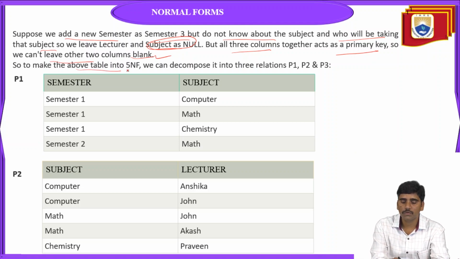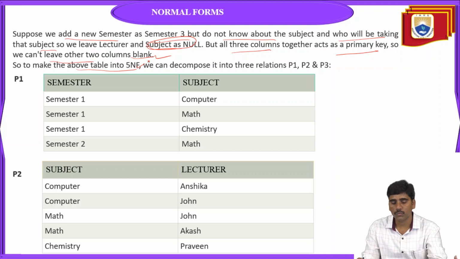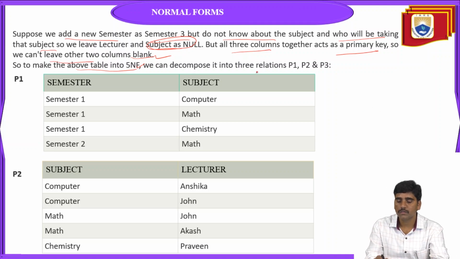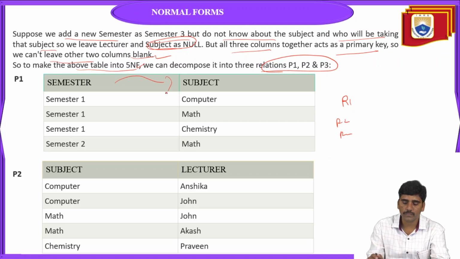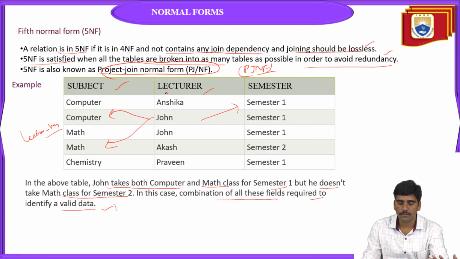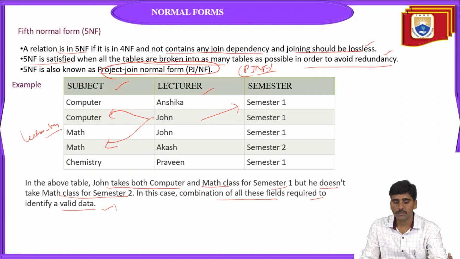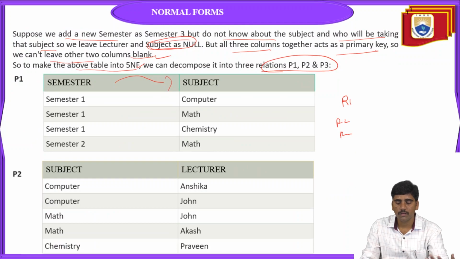So to make the above table into fifth normal form, we can decompose it into three relations, like R1, R2, R3. So the first one is what? Semester and subject. From this subject-lecturer-semester table, we can divide it into semester and subject as one table, subject and lecturer as the next table, and semester and lecturer as another table.